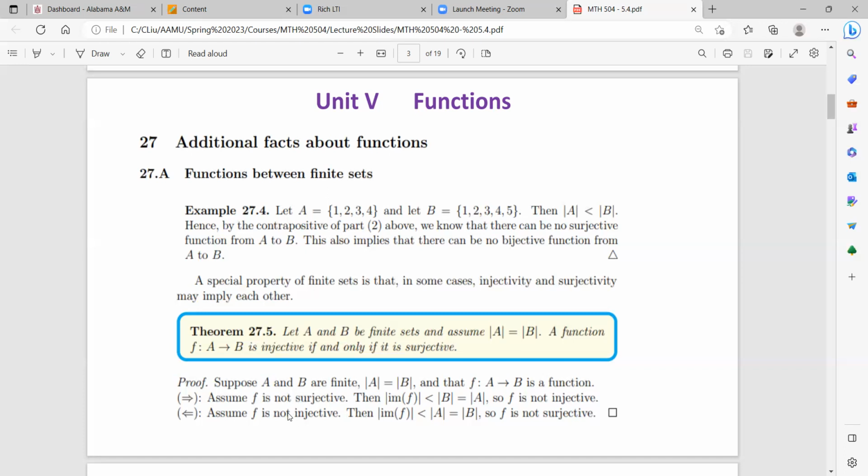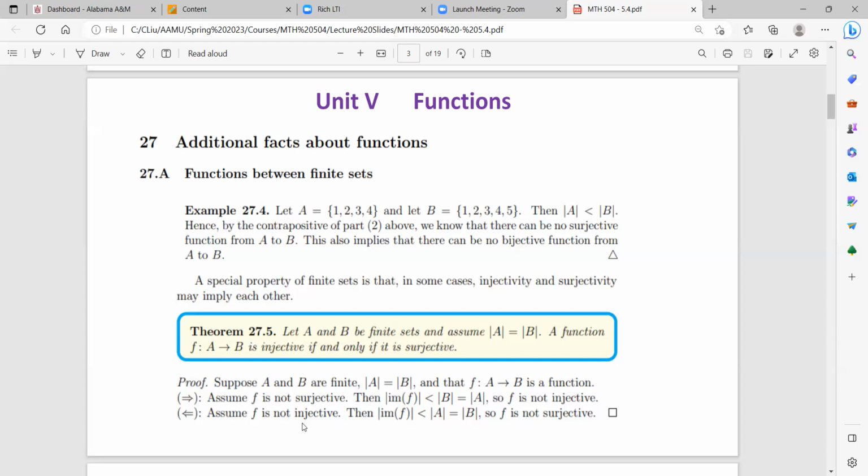And then the reverse. When we assume that F is surjective, we have to show F is injective. That's also easy, because we just do it by contrapositive again.